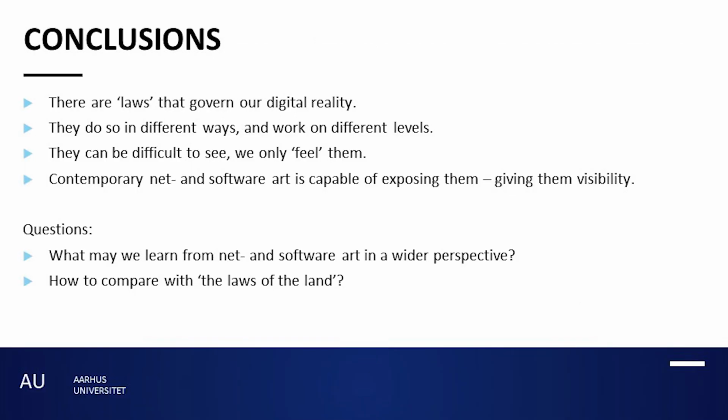So, to conclude, how do I conclude on this? What I have tried to argue is that there are laws that govern our digital reality, and they do so in different ways and work on different levels. These are not separate, so when you act as a user, you set in motion a system that has a function, but also a functionality in which it integrates into a wider network.